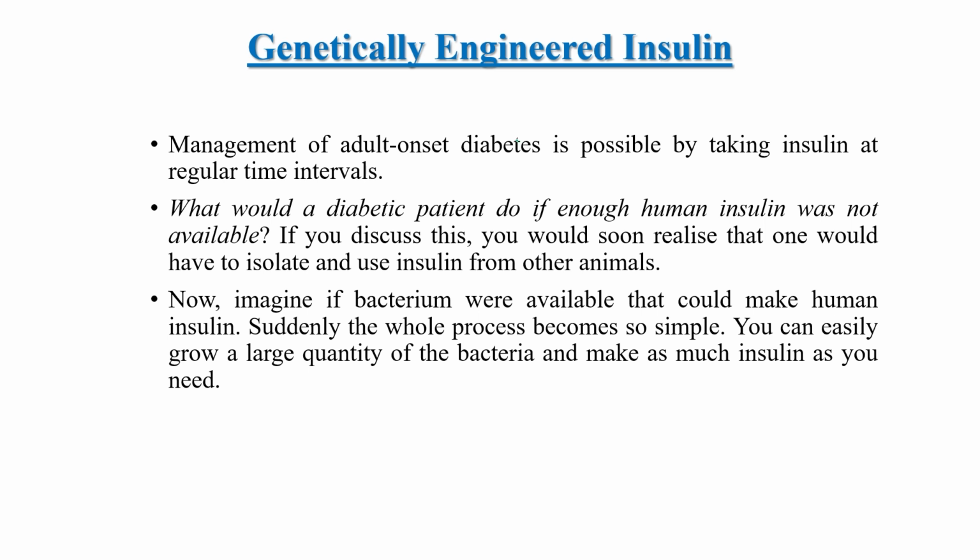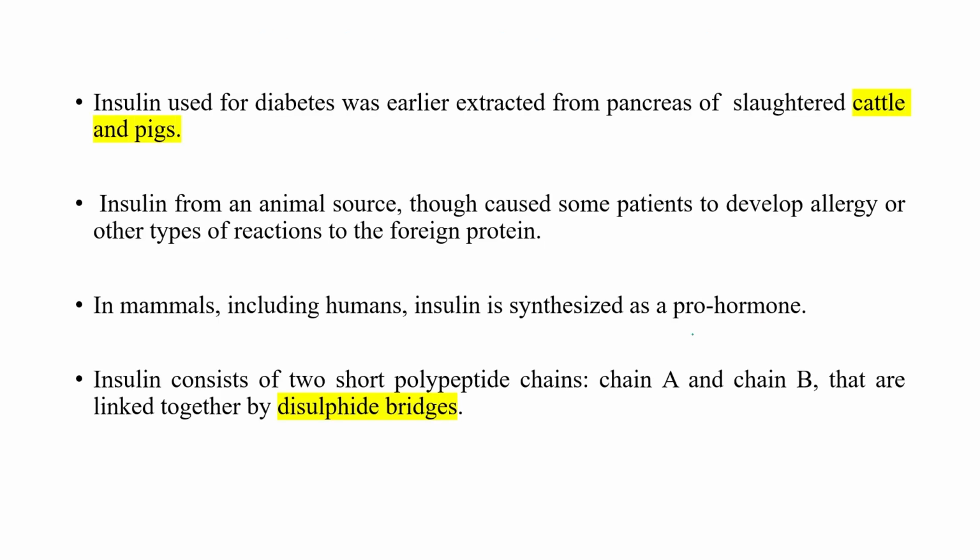Management of adult onset diabetes is only possible by insulin, as I told you just now, at regular time intervals. But if we are able to produce insulin in bacteria, suddenly the whole process becomes very simple. You can easily grow a large quantity of bacteria under laboratory conditions and isolate insulin, whatever amount we need, right?